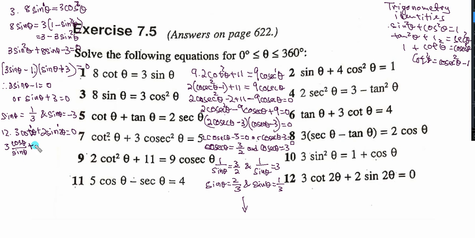Oh, sorry, this is actually 3 cosine 2 theta over sine 2 theta plus 2 sine 2 theta is 0. Okay, let's draw a line here.